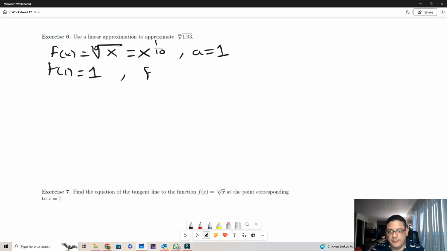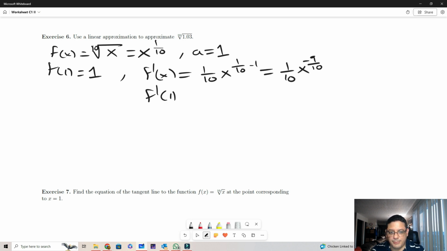Now the derivative, f prime of x, will be 1/10 x to the 1/10 minus 1. And if we simplify this, this will be 1/10 x to the -9/10. And then again, because we're approximating at 1, f prime of 1 is simply 1/10, since any power of 1 is just 1.